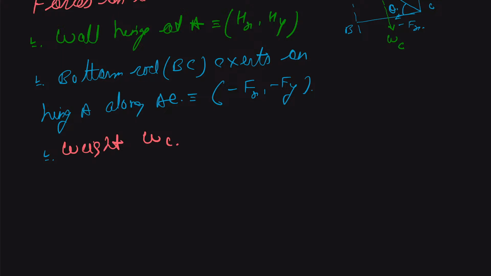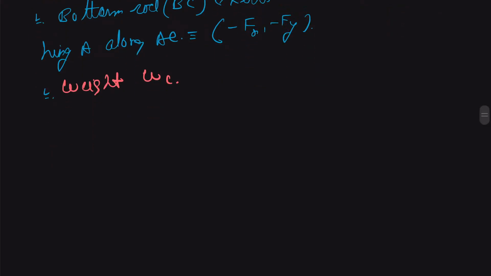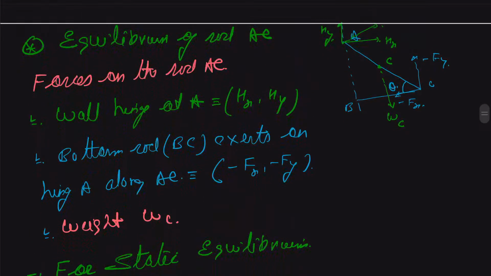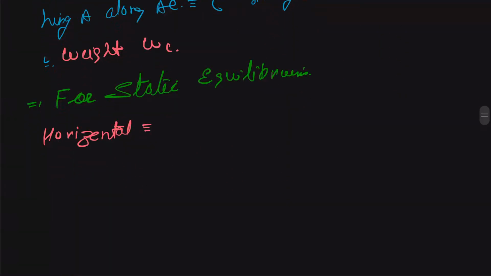So we can use the equilibrium for static. Therefore we can say that for static equilibrium, for our horizontal, we have our H of x and we have our F of x. So we get H of x minus F of x is equal to 0.